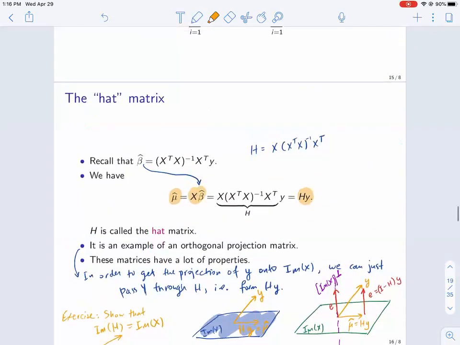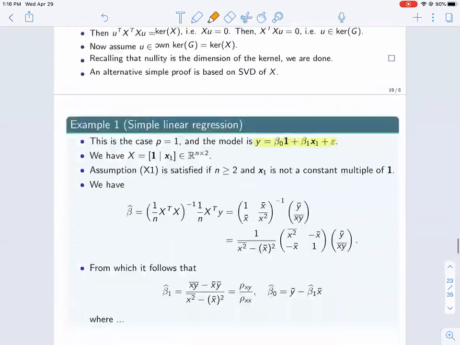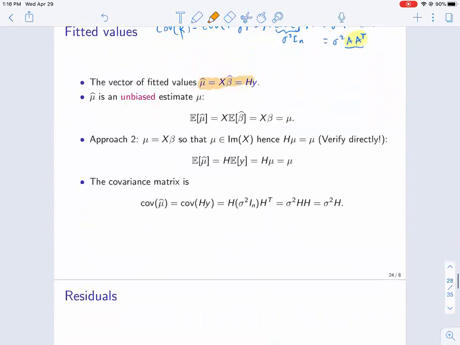So mu hat is X beta hat, which is also equal to HY. Both expressions are useful. This is the vector of fitted values. I'm going to show that mu hat is unbiased for estimating mu, the mean vector.